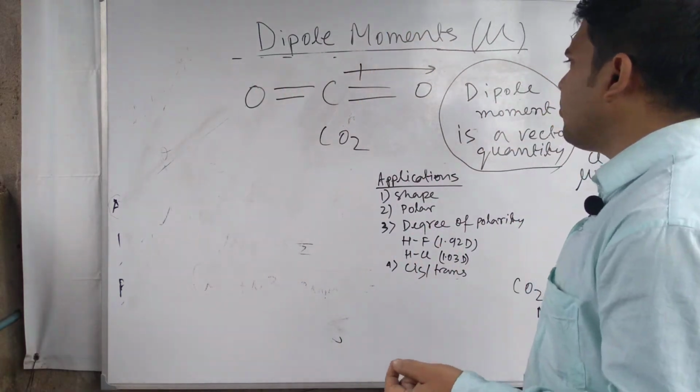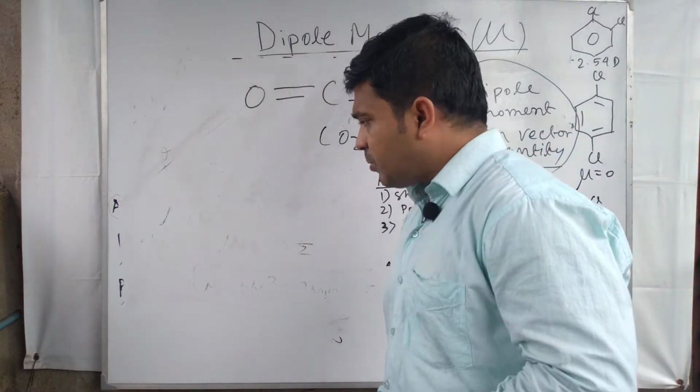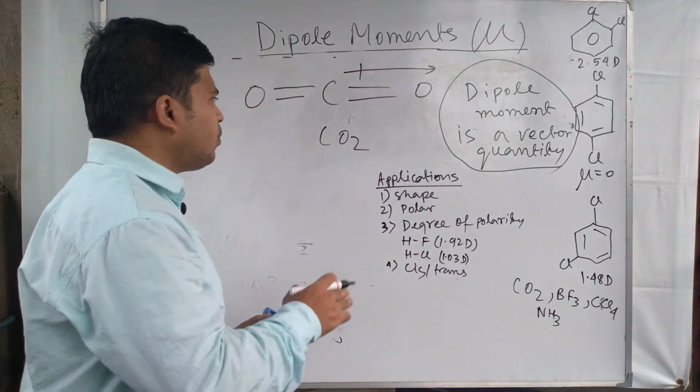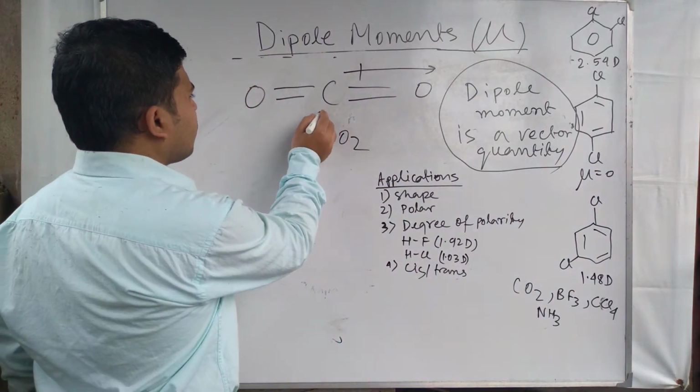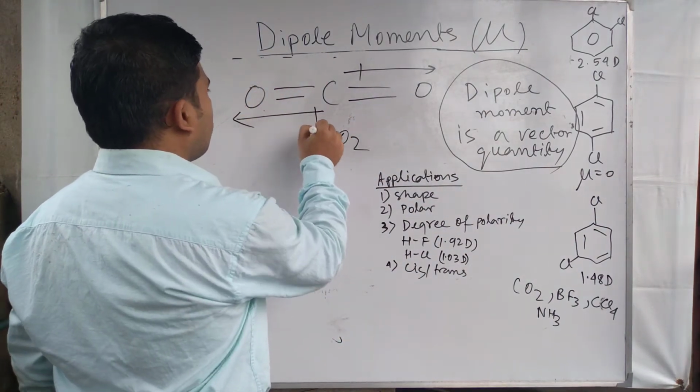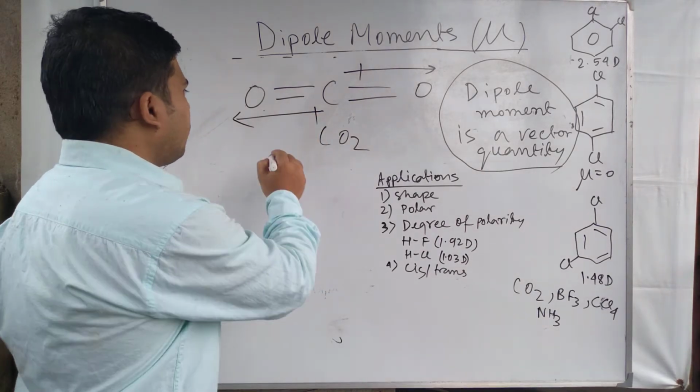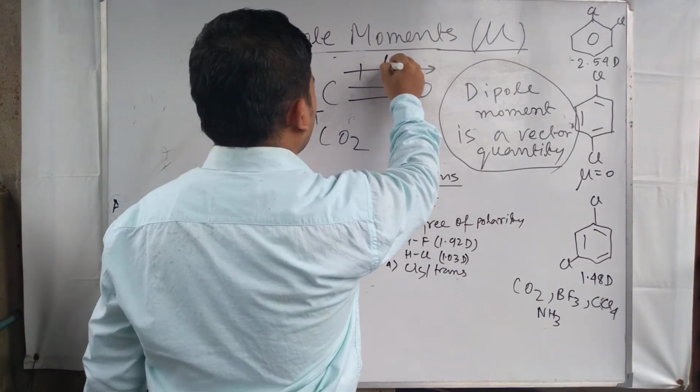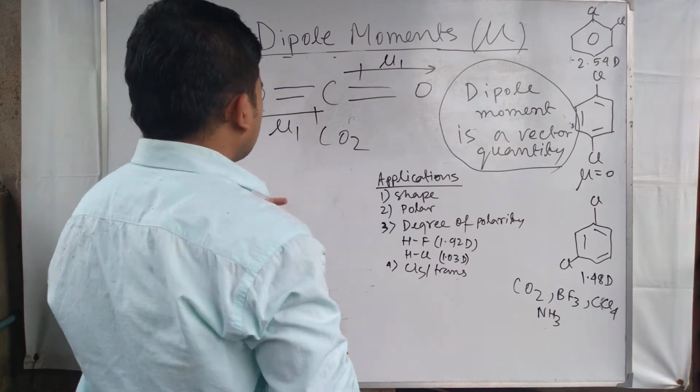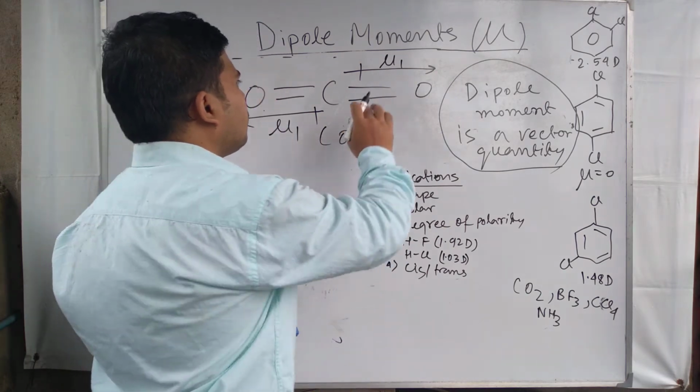For this reason, this is an AB2 type molecule. In this case, this is the bond moment mu1, and this is also mu1, or you can say mu2.